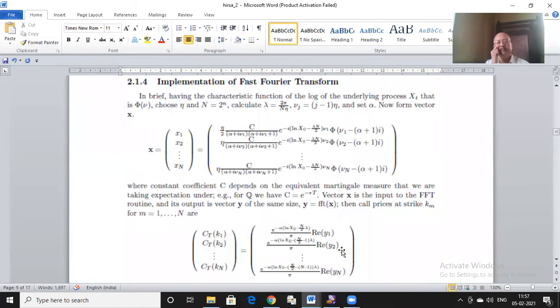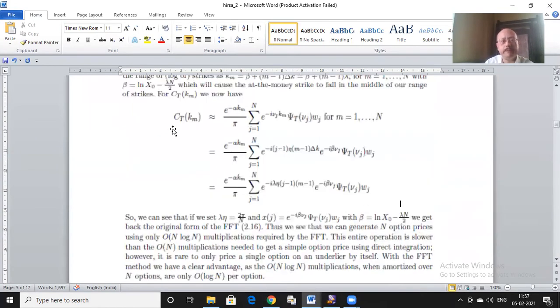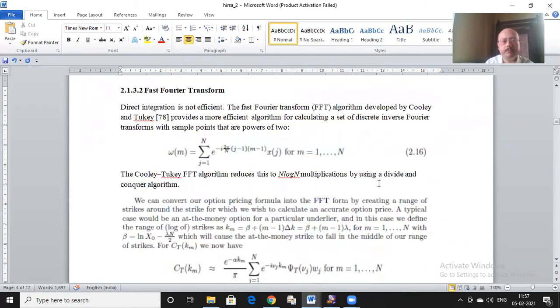With that, let me move on to the implementation, so actually how the algorithm will operate. We have looked at this expression here for the call price, which has a two-dimensional grid in terms of k and in terms of mu.